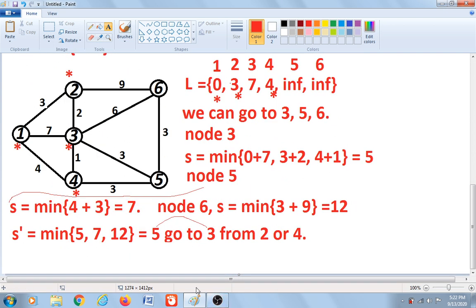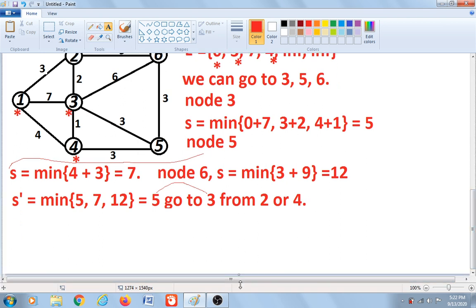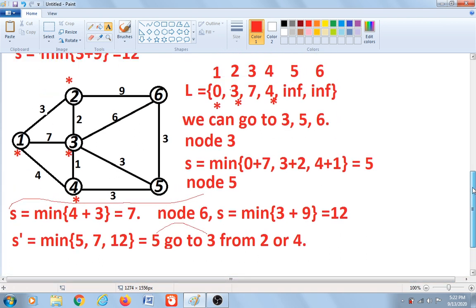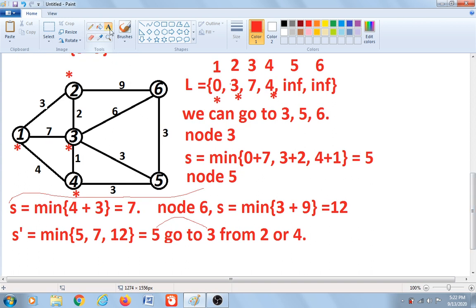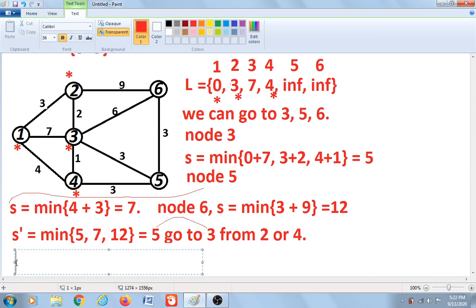So I think I'm gonna need more space. Okay, let me see what I can do. So what is our new L right now? So we update our L equal, we have 0, and then 3, and remember, here we conclude that we're gonna go to 3 and the distance is 5, so we put 3 as permanent, but it is not 7 anymore.